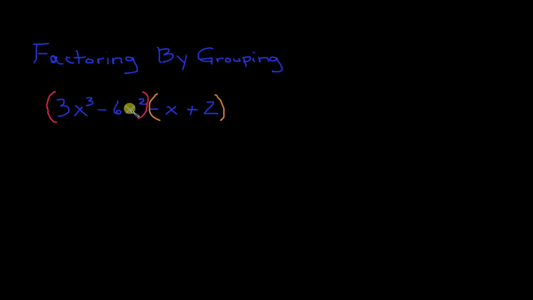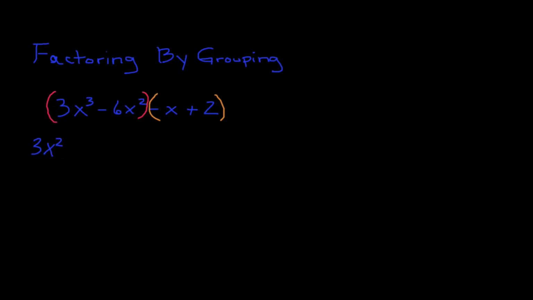You can only take 2, because this one doesn't have 3. So there's an x squared in common that we can take out. Also, 3 and 6 are both divisible by 3. So we can take out a 3x squared.